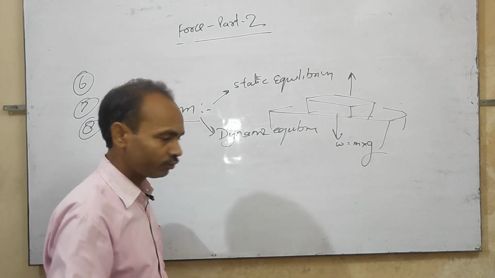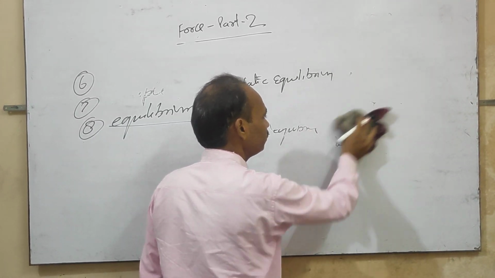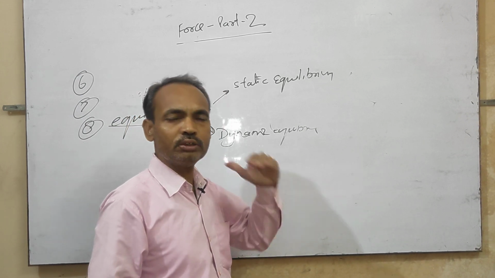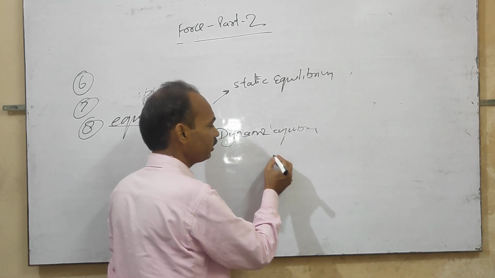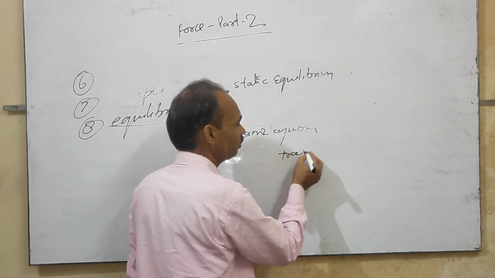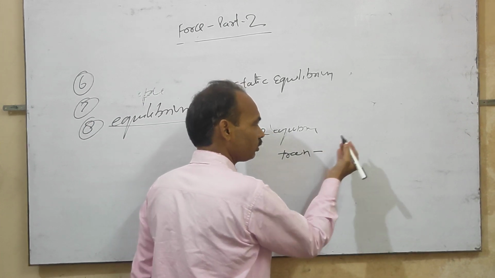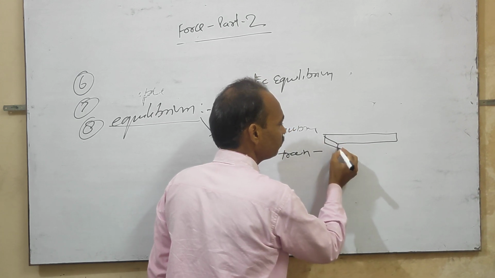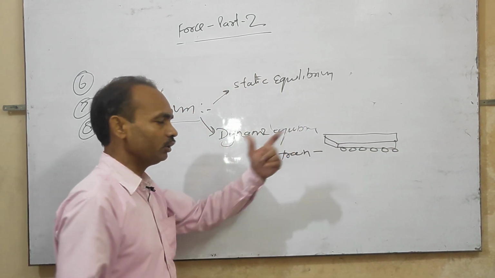In the second case, dynamic equilibrium, the body is in motion and always in motion with no change in its state. Suppose a train is moving at a uniform speed, but there are many types of force on the body.